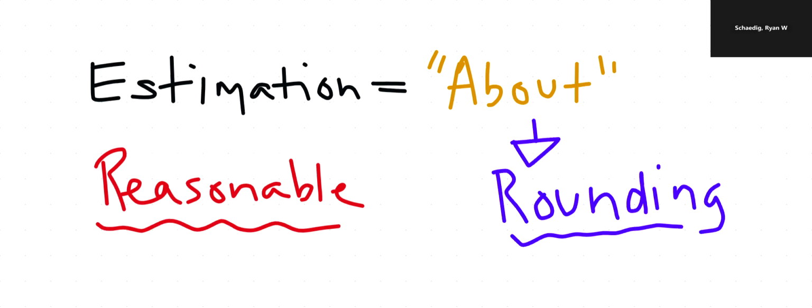It's not like we're turning our numbers into a circle. That's not what we're doing. So today we're going to use estimation to get reasonable answers by rounding some sums and differences. That would be adding and subtracting decimals. So let's dive in.